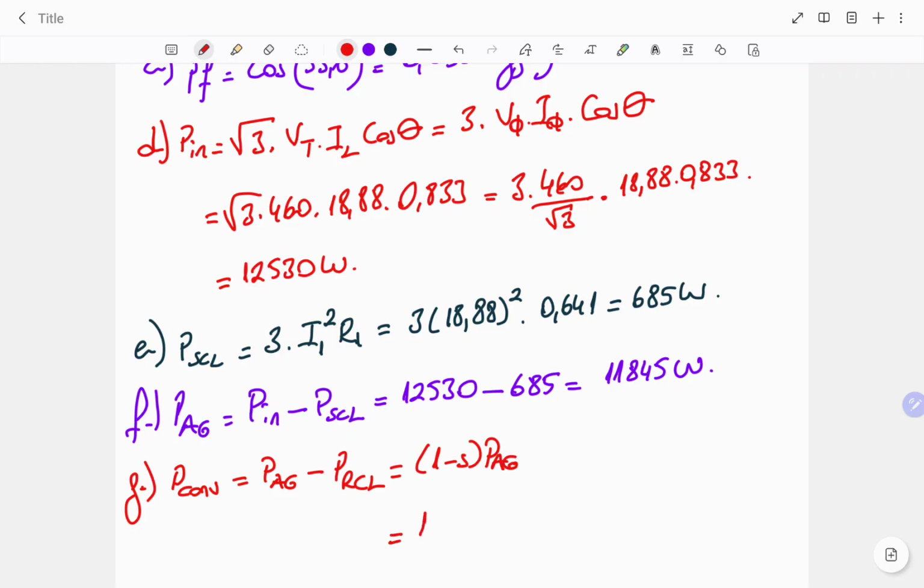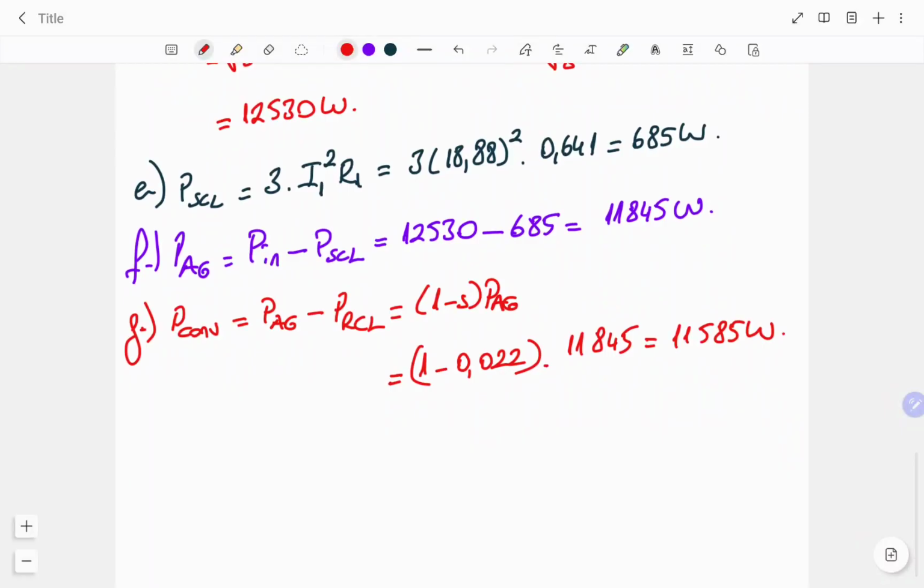So 1 minus 0.022 times air gap power, which is 11,845, will be 11,585 watts.